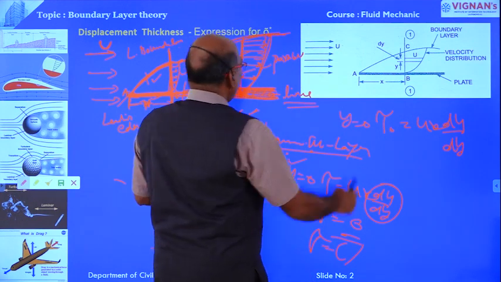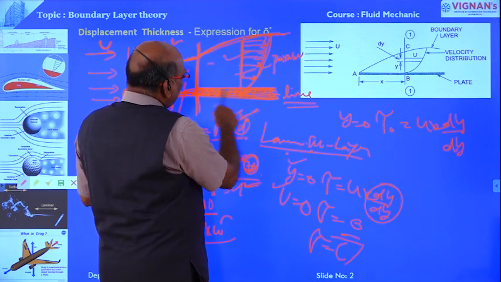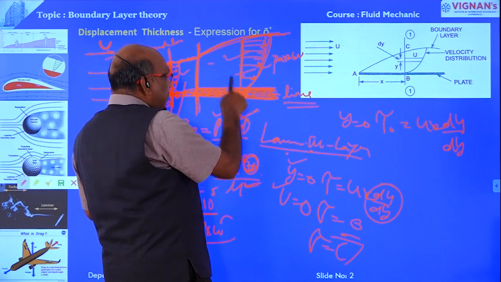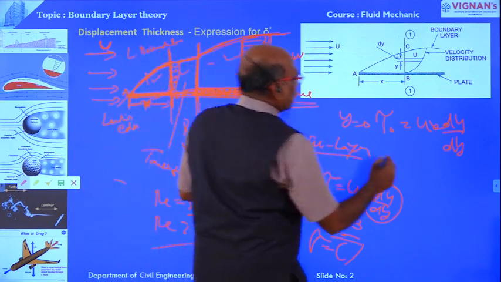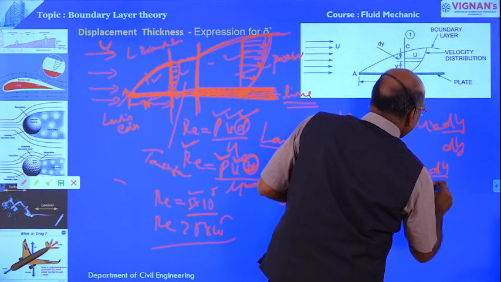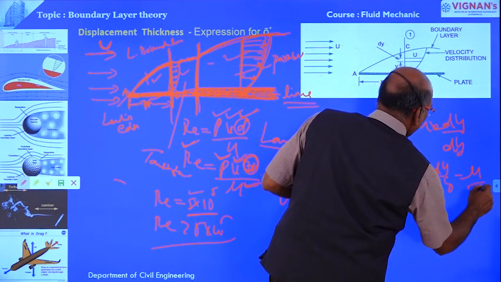Now the profile of the velocity variation in this laminar sublayer is linear. Therefore, du by dy equals u by y.